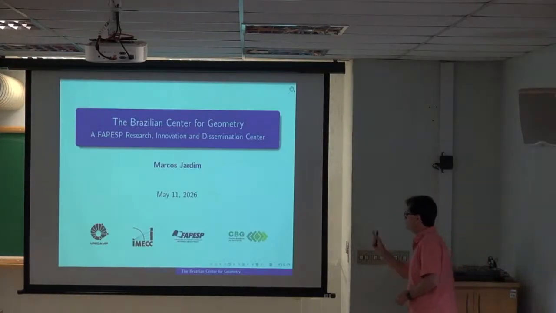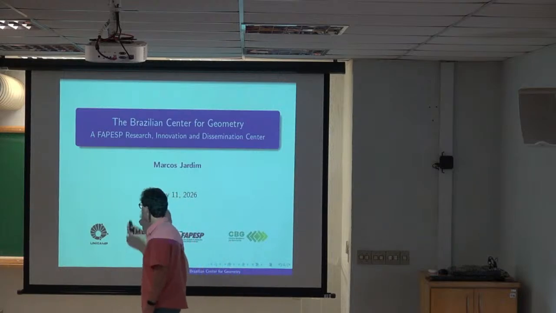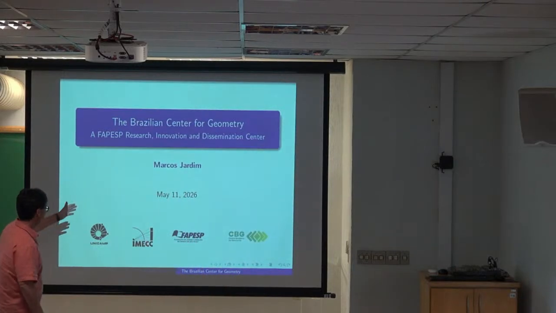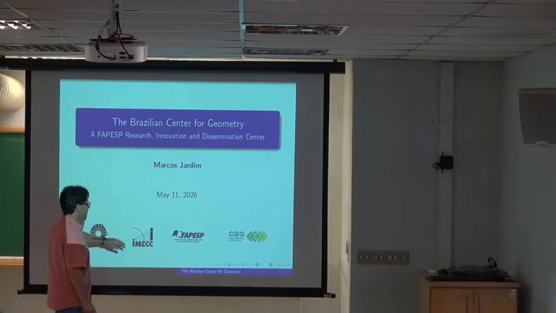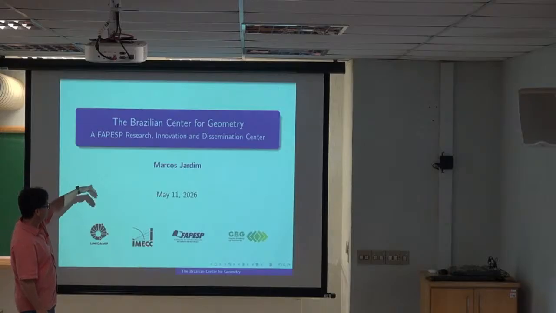To say a few words about the Brazilian Center for Geometry, which is a CEPID, FAPESP. This is the funding agency from the state of São Paulo, and they have a special line of financing, which is called the Research, Innovation and Dissemination Center.